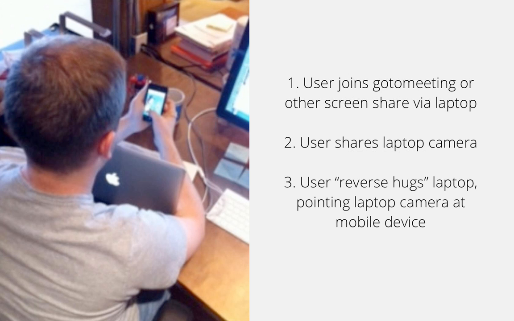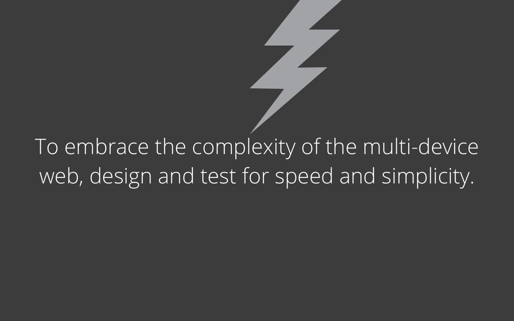But you have the user join the GoToMeeting on their laptop, or the recording session on their laptop, flip it around and face their phone, and basically you're using the laptop shared software to record the mobile usability. And in this way, you actually are observing somebody remotely using a phone. So it's hack-ish, but it's one of the only ways out there right now to perform mobile remote usability testing, which is always a nice thing to do.